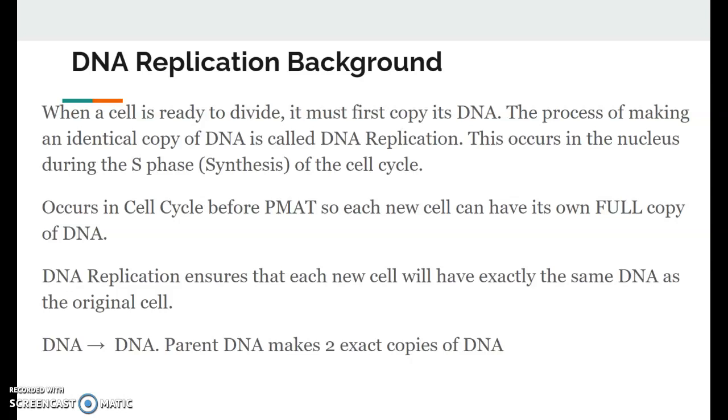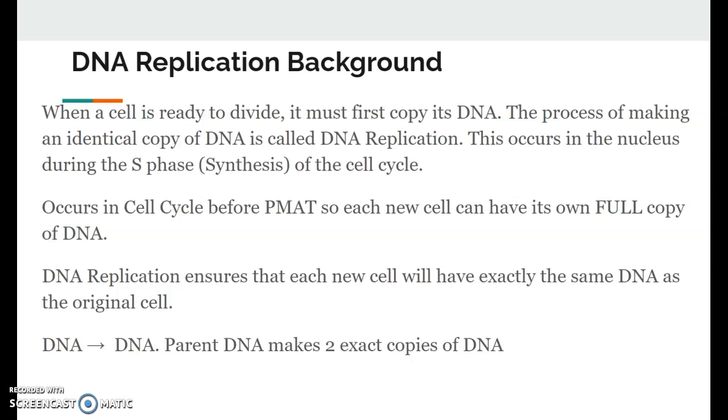So DNA replication. When a cell is ready to divide, it has to copy its DNA. We just talked about the cell cycle, so we're breaking down what exactly is happening in the interphase of the cell cycle. This process of making an identical copy of DNA is called DNA replication, right? This occurs in the nucleus during the S phase, the synthesis phase of the cell cycle.